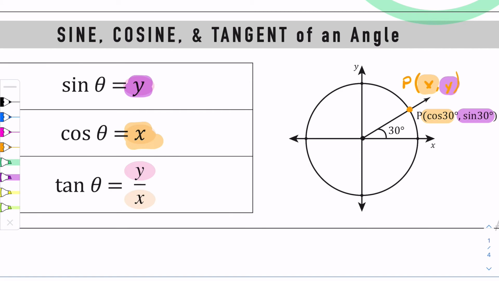And your tangent value is when you have sine over cosine, or y over x. And those are the three values that we'll be learning this year. There are more than these three, but this is all we're learning now.